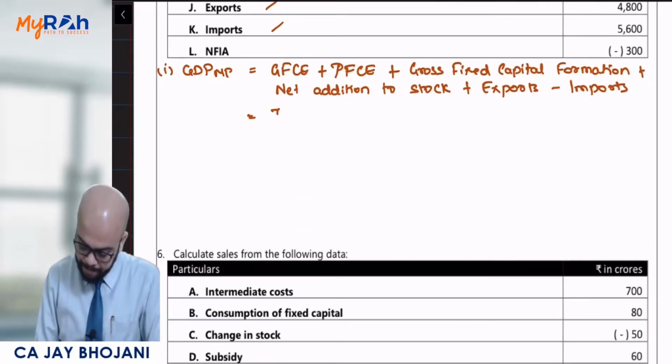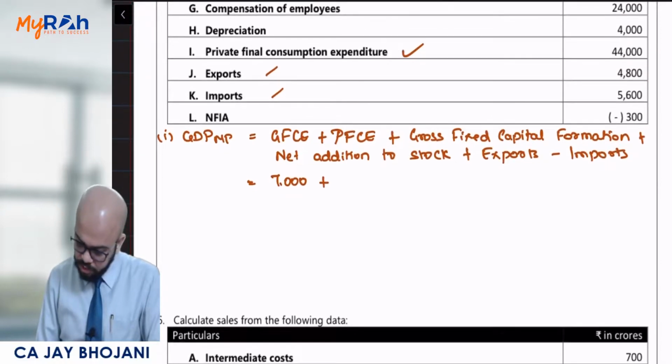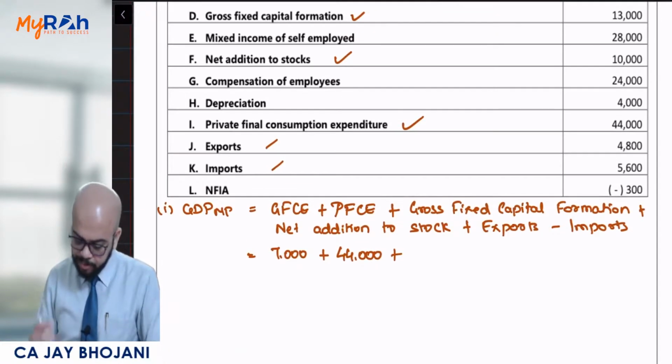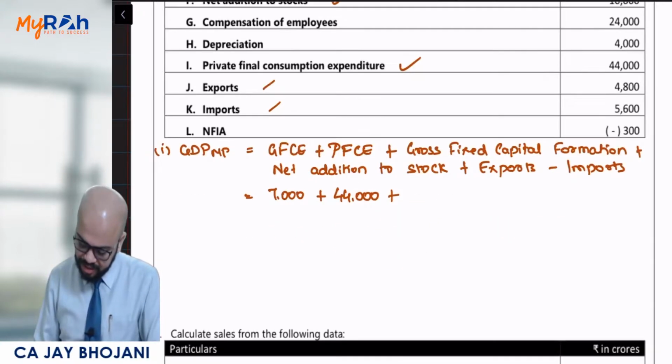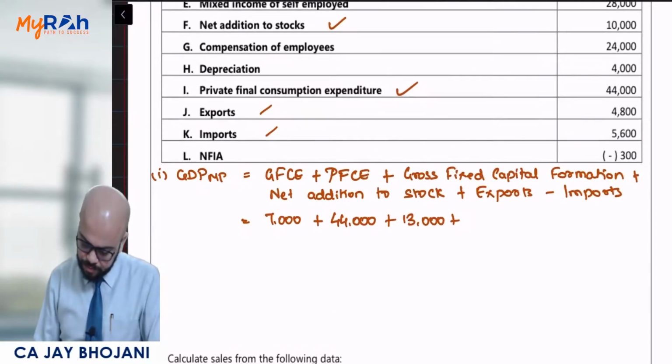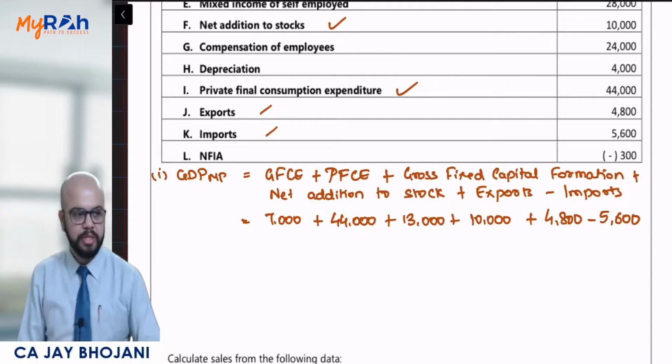7,000 plus PFCE how much? 44,000 plus, sorry, gross fixed capital formation 13,000 plus net addition to stock 10,000 plus exports 4,800 minus imports 5,600.